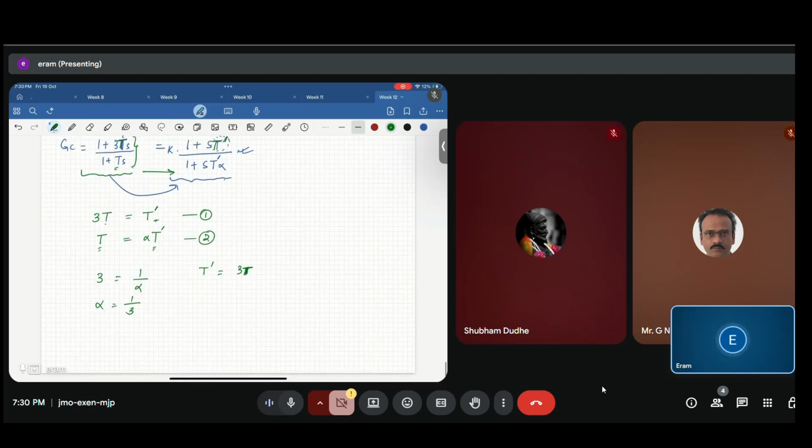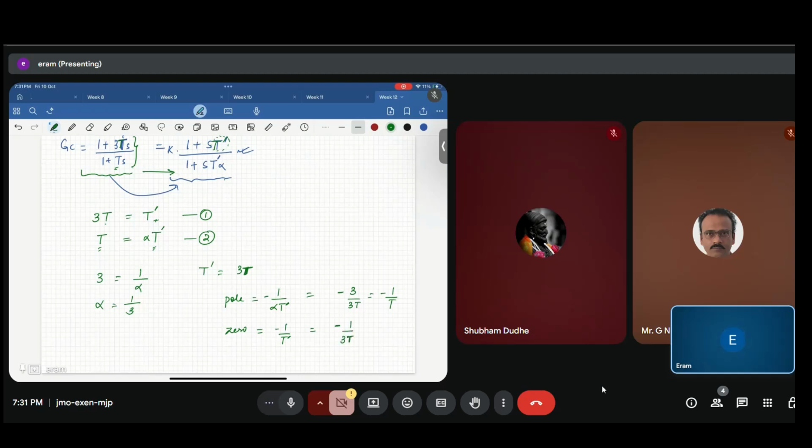Now if you write it in general form, we have a pole at minus 1 by alpha t dash, which is minus 3 by 3t, that is minus 1 by t, and we have a zero at minus 1 by t dash, and t dash is 3t, so minus 1 by 3t.